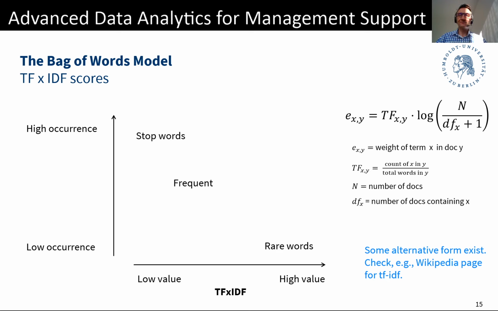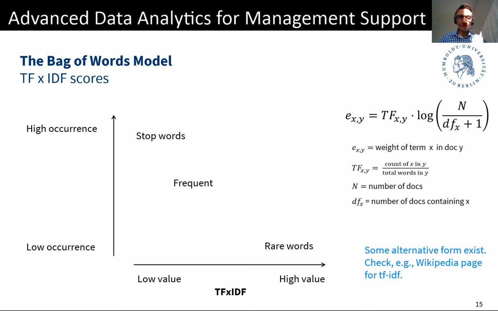Fair question. It could be, though, that your vocabulary is not based on your corpus, so you don't make the vocabulary consist of words that are used in the corpus. It could be the case that you just use as your vocabulary the entirety of the English language or another language. And then you want to protect against division by 0 errors or issues here, so this is why you have the +1 in the denominator.